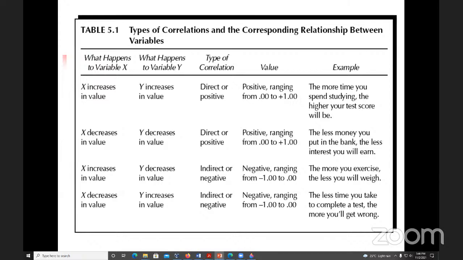We already know that just based on our basic understanding of simple investment. And this now is complicated because if you spend any time listening to the experts on this, it is a little bit complicated to say what's going on here. And the less time you take to complete a test, the more you'll get wrong. I would actually want to look at this carefully, because what I noticed, especially since COVID, is that the people who complete it really, really fast get more wrong.